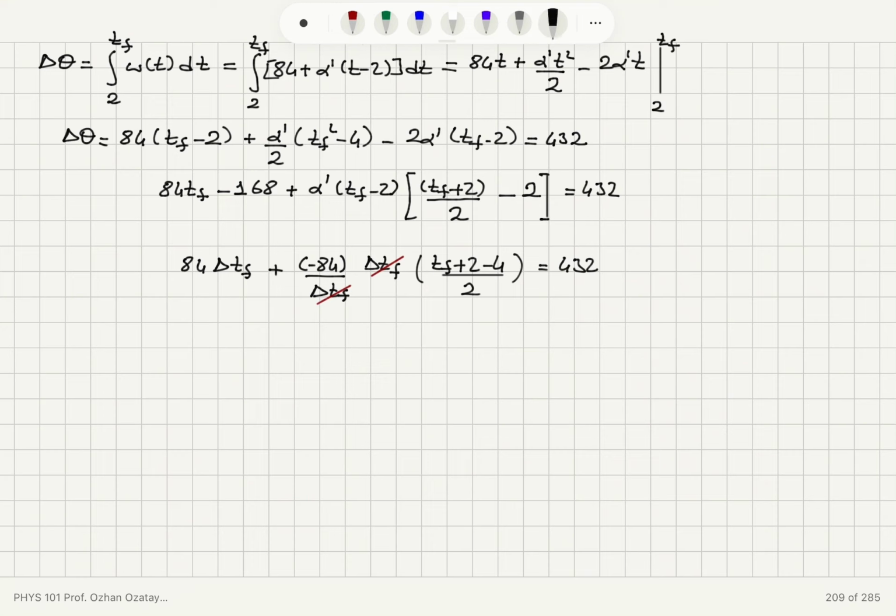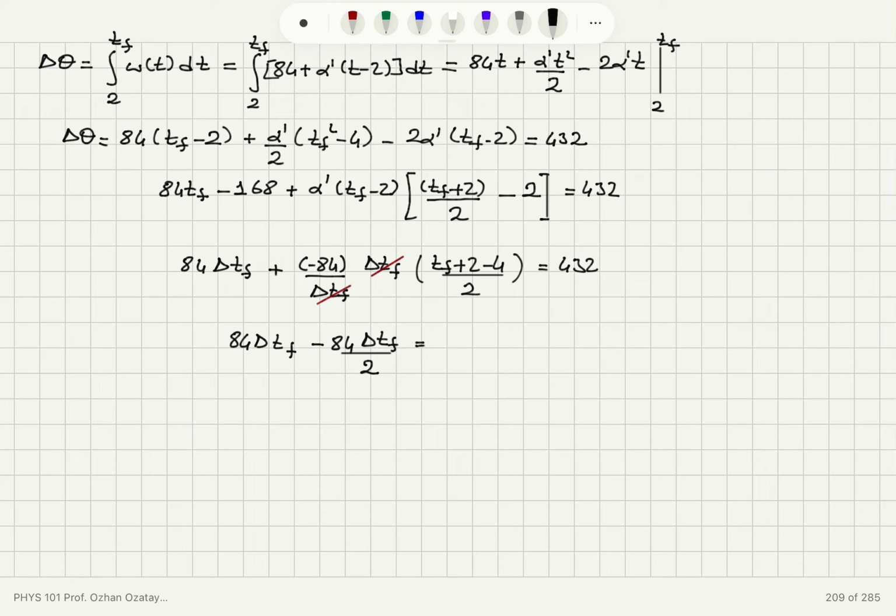Now we have 84 delta t final minus 84 times (4 minus 2, 2). So this is going to be t final minus 2 over 2. So that's 84 delta t final divided by 2.